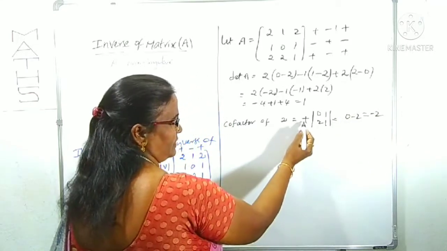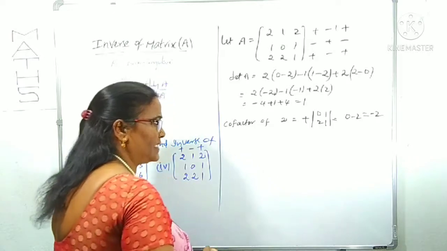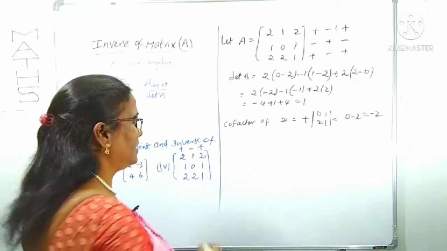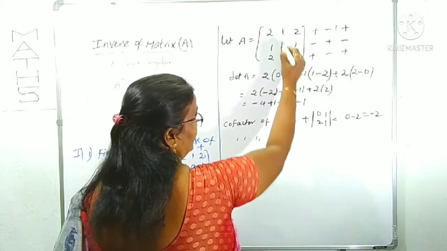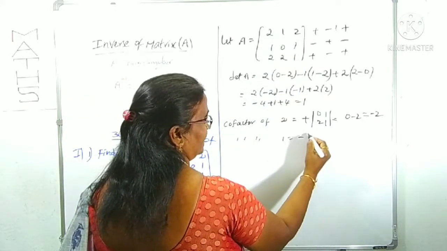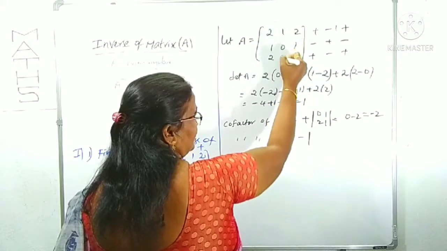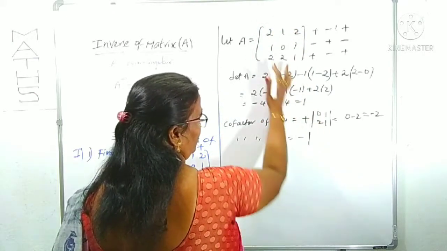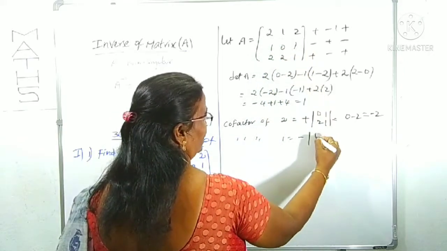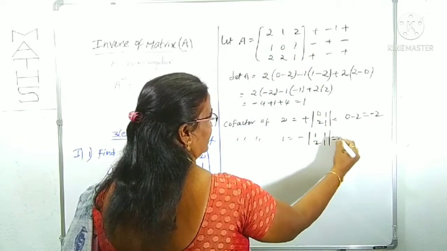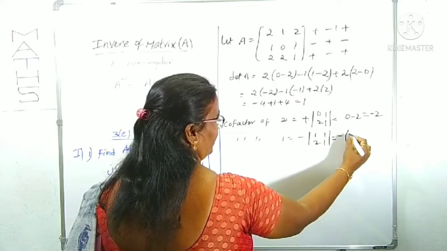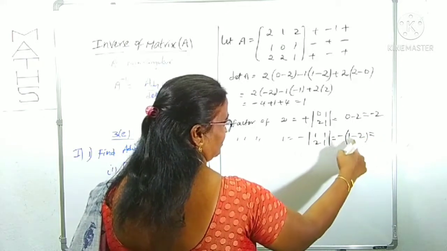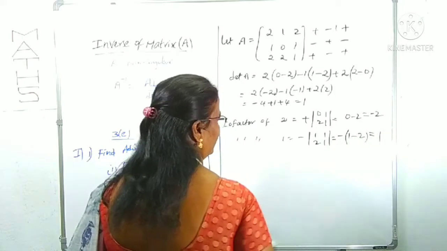Now the cofactor of the next element, 1, with the minus sign. This one is in the first row and second column. Closing these, what is left over is 1, 1, 2, 1. That is minus of 1 into 1, 1, minus 2 into 1 is 2. 1 minus 2 is minus 1, and minus a minus gives plus 1.